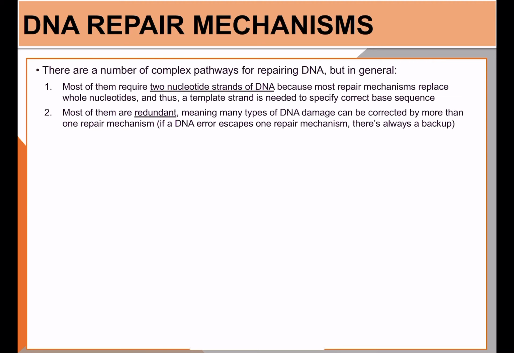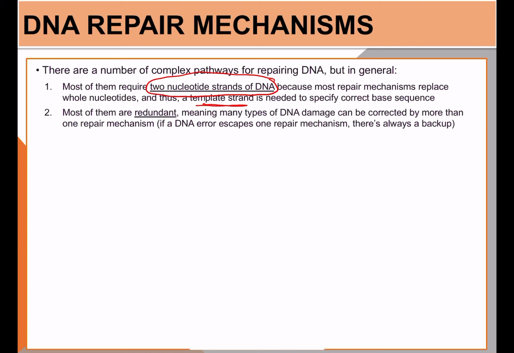Most of them will require two nucleotide strands of DNA, because usually what happens with a repair mechanism is you will remove the mutated strand and delete it out, but you need some template strand to make sure you're incorporating the correct sequence. So that's why one is usually deleted, and you need the other to serve as a template strand to tell you what is the correct nucleotide sequence.